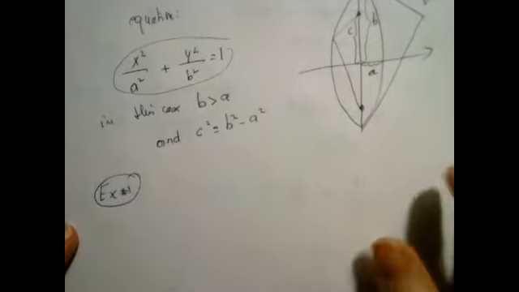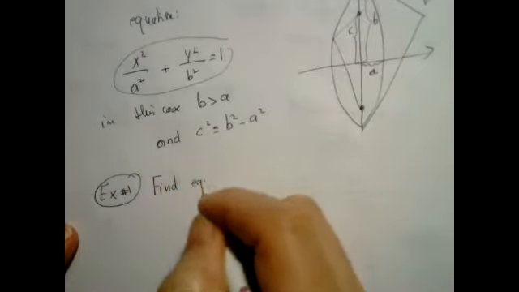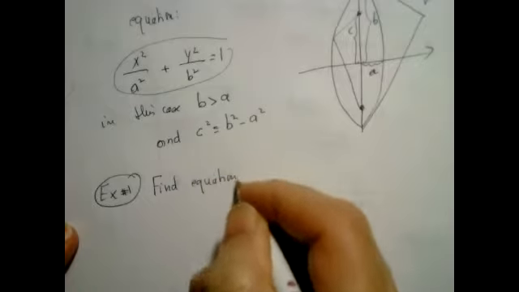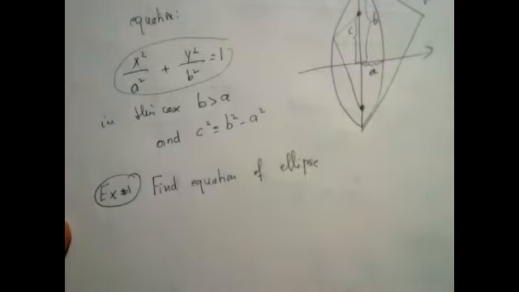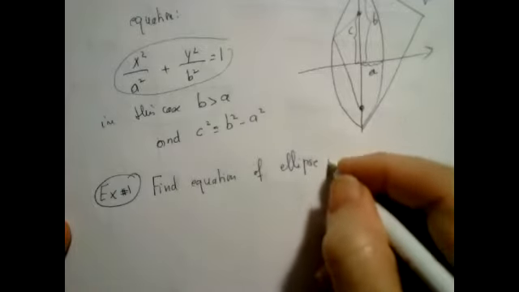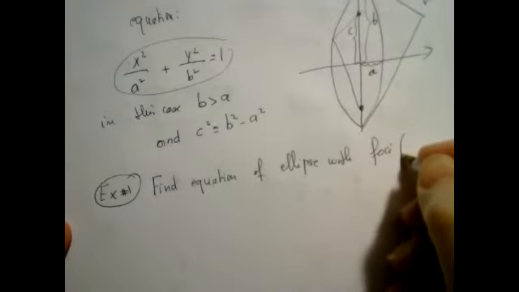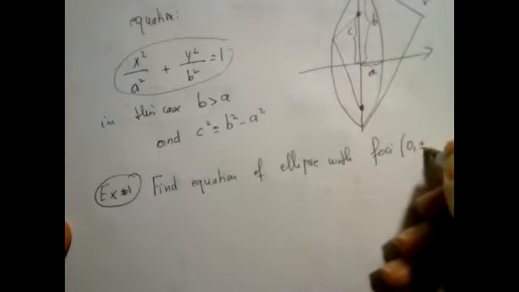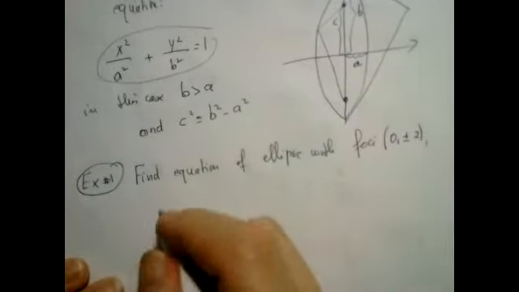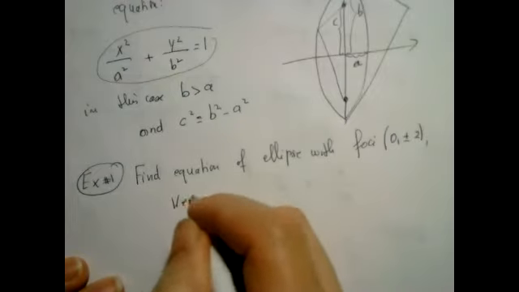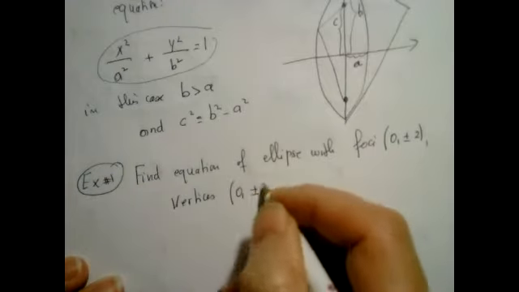Find the equation of an ellipse with foci (0, plus or minus 2). These are the foci, and vertices (0, plus or minus 3).